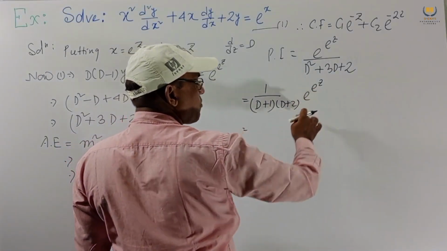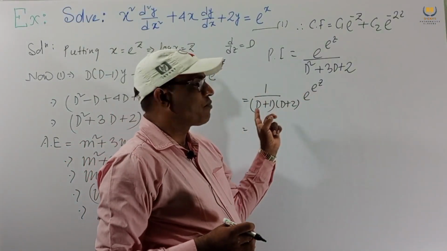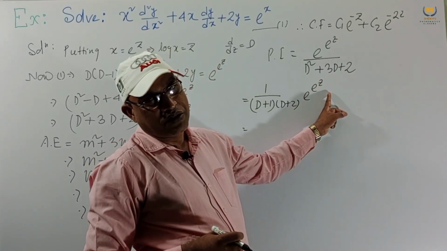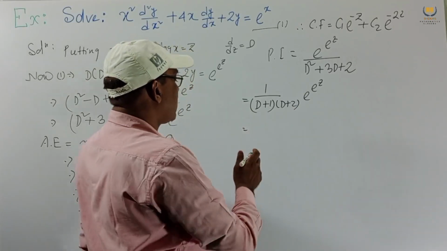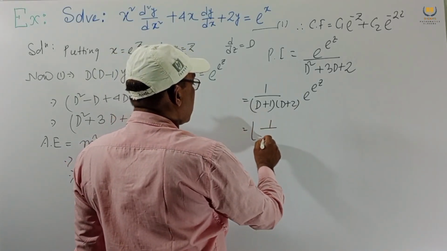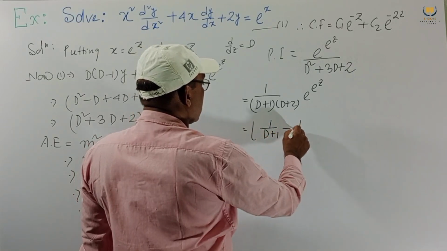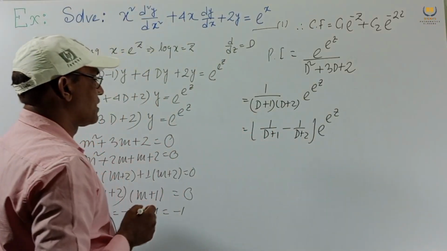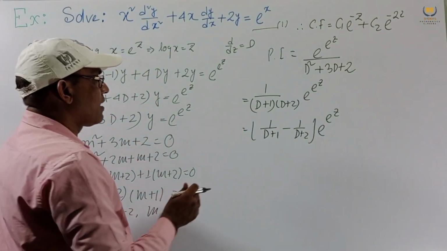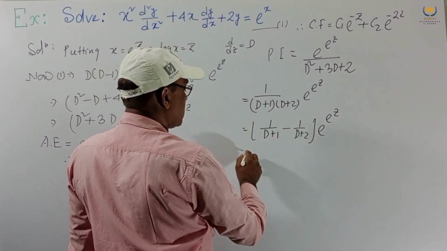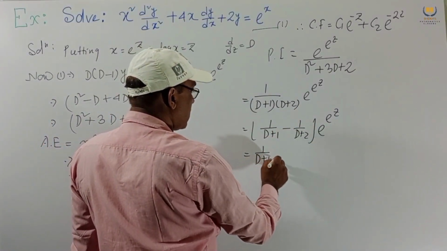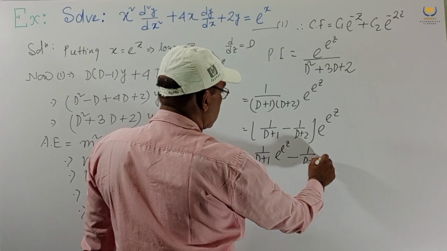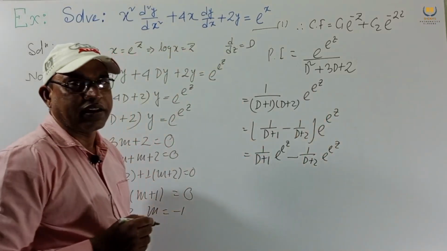This is a different type of problem. If simply eᶻ, then we put D equal to the coefficient of z. But here it is e to the power eᶻ, which is difficult to solve. So we write another way: 1/(D + 1) 1/(D + 2) eᶻ, multiplying one after the other.